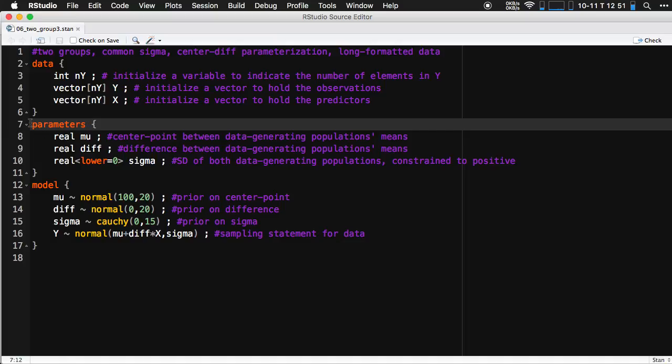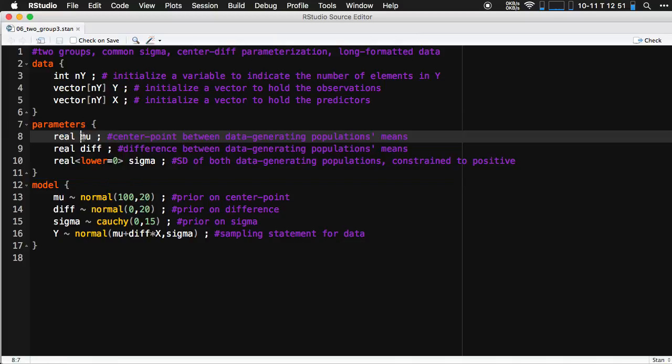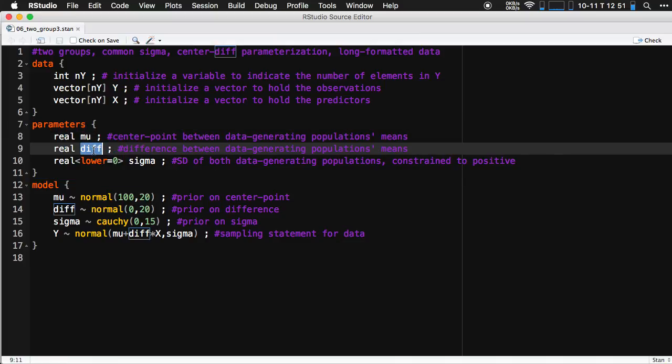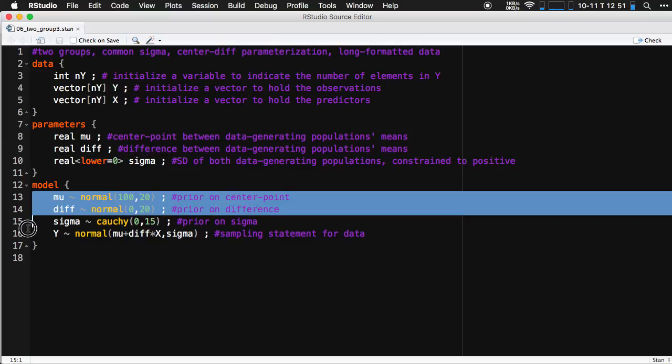The parameter section is going to look exactly the same as before. We have mu, which is going to be the center between the two groups, diff, which is the amount of distance between the two groups, and sigma, which is the amount of variability within each group. And the priors for those three are going to look the same.